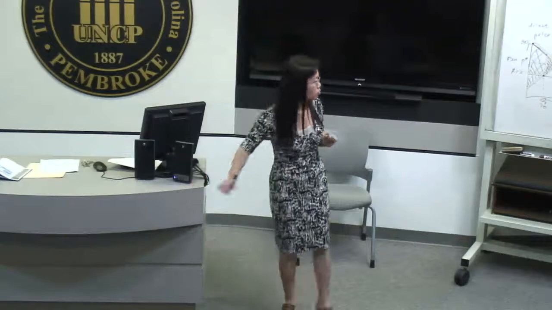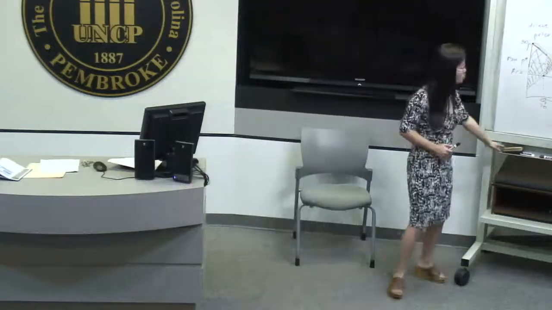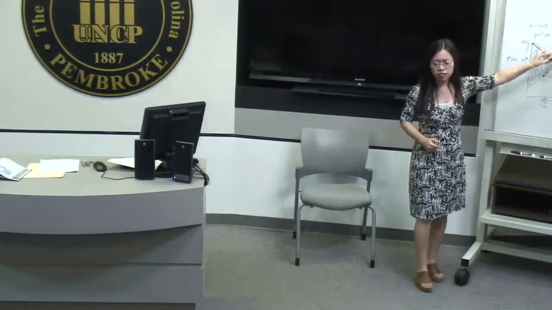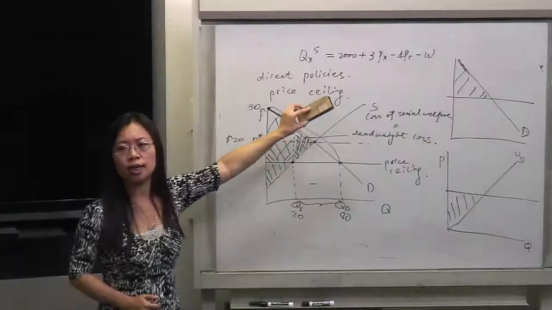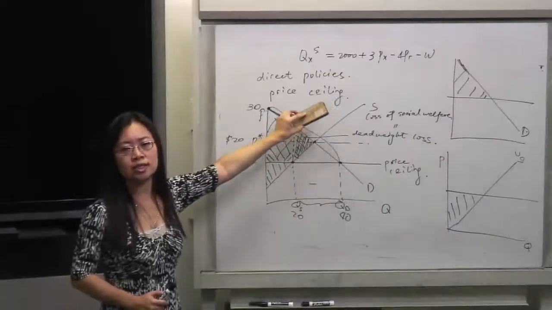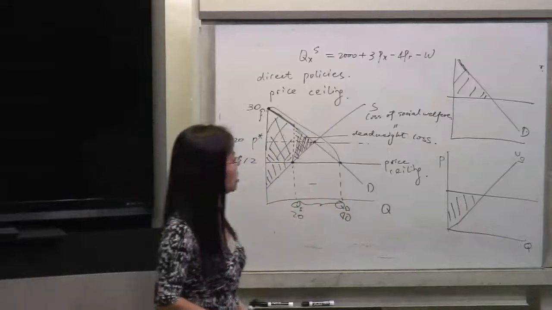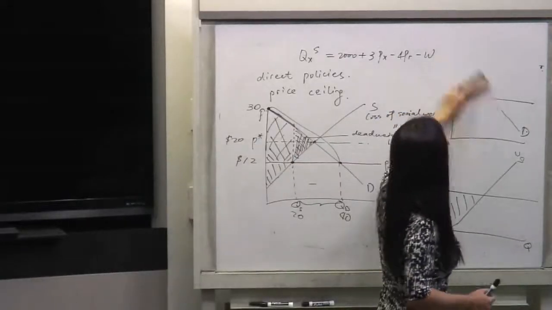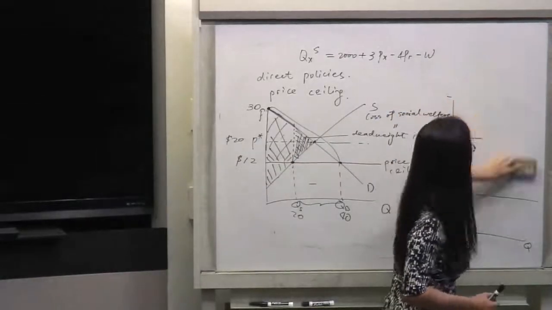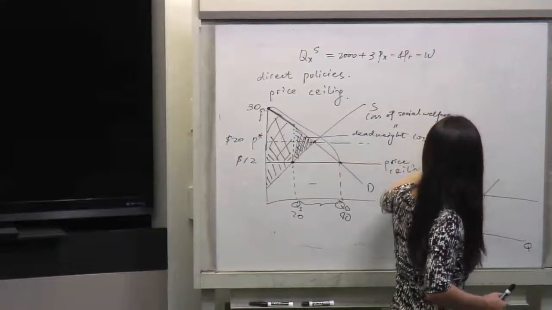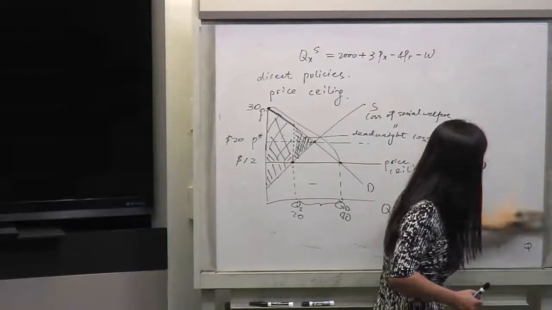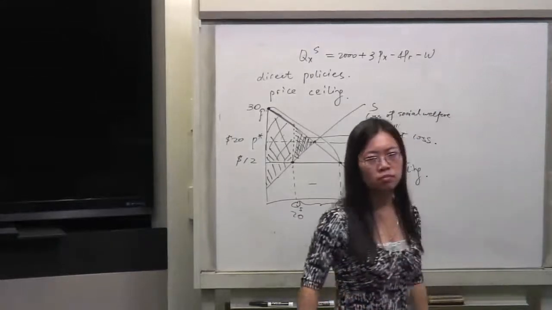So this approach is the following. What is social welfare, if you think about this word? Social welfare is society's gain. Where does society's gain come from?